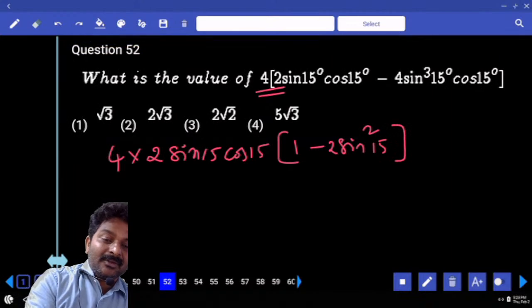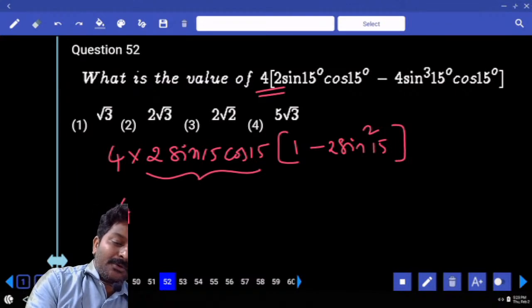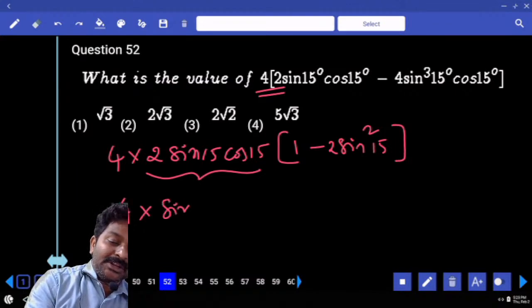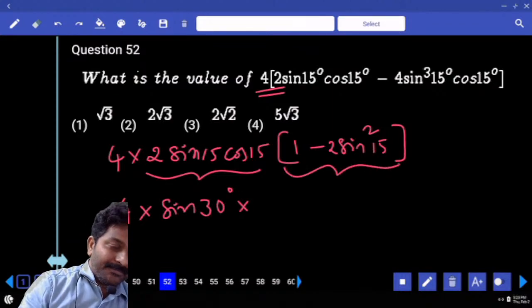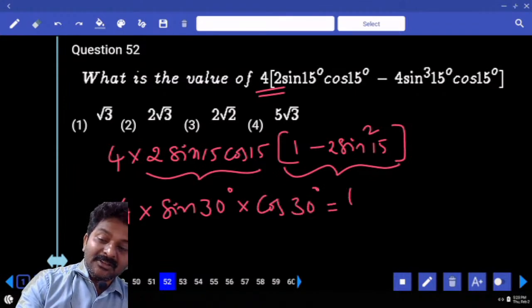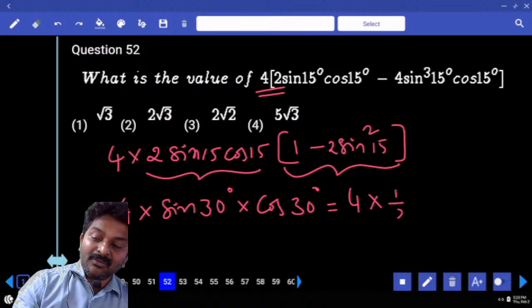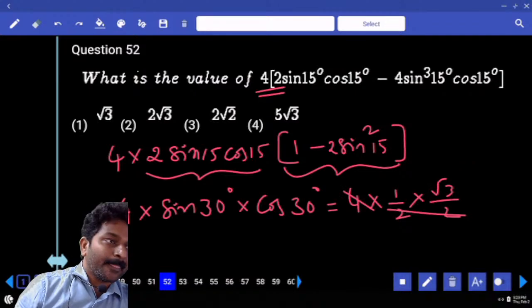Yes, what is this? 2 sin theta cos theta form, sin 2 theta. 4 into sin 2 theta 30 degrees into, what is this? Cos 2 theta. Cos 2 theta 30 degrees. 4 into sin 30 1 by 2 cos 30 root 3 by 2. 4 gets cancelled. Answer root 3.